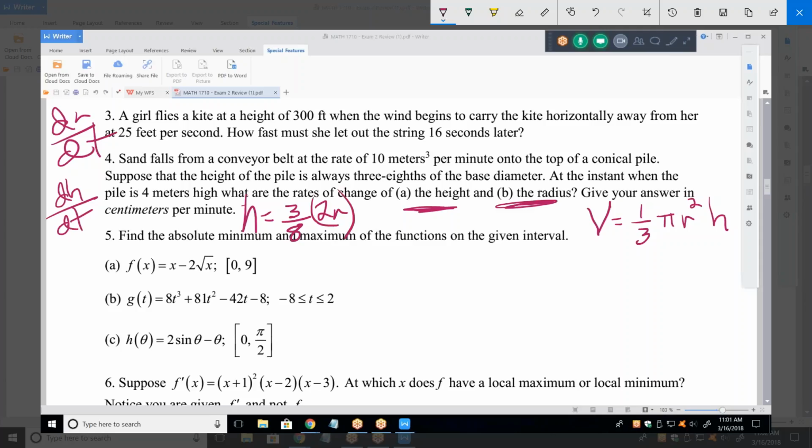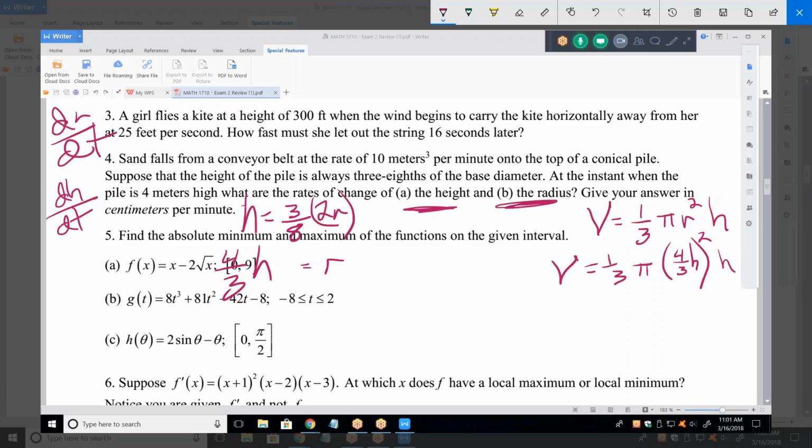So all I have to do is solve this for r. So r becomes 4/3 h. So now we have V equals 1/3 pi times 4/3 h squared times h.